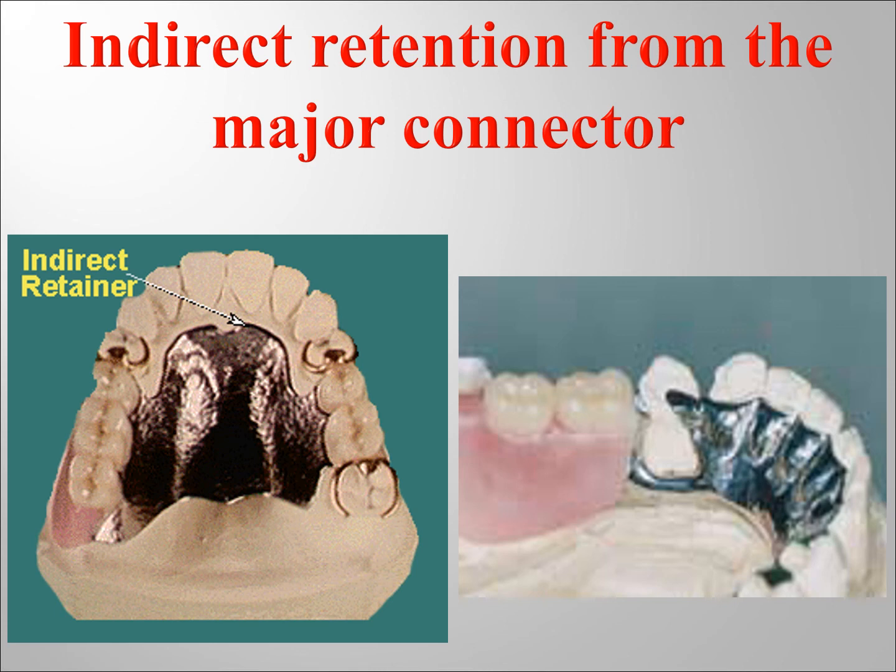It can aid in indirect retention, and that's why, for example, with the lingual plate, if you want to provide proper indirect retention, you prepare rest seats and additional rests on the ends of the major connector, because a major connector coming on inclined surfaces does not provide really appropriate indirect retention.